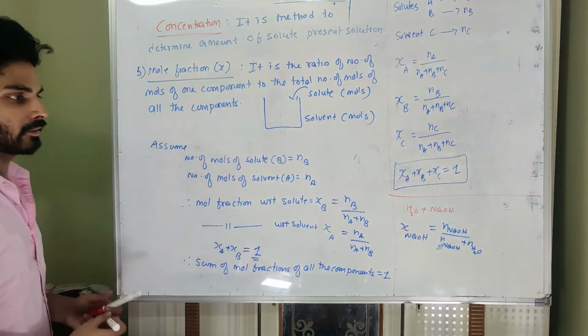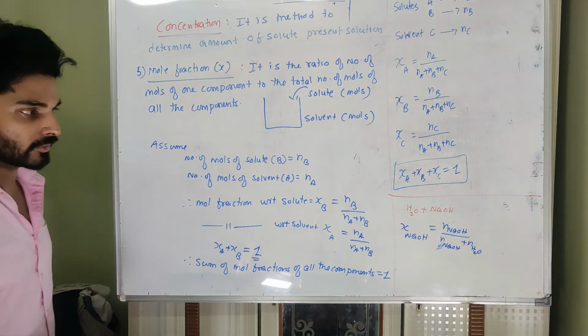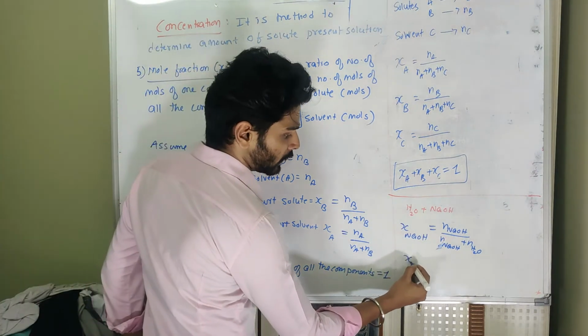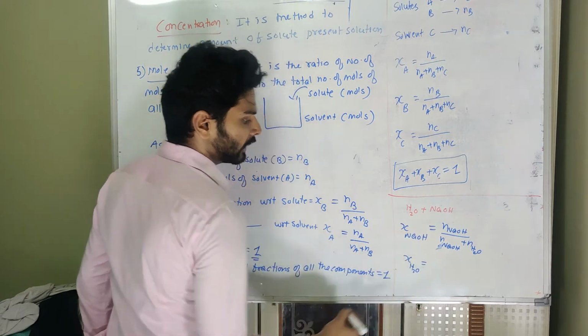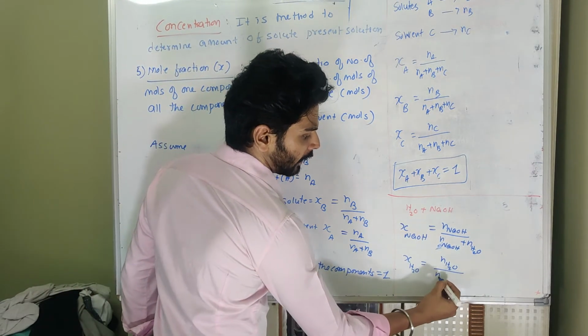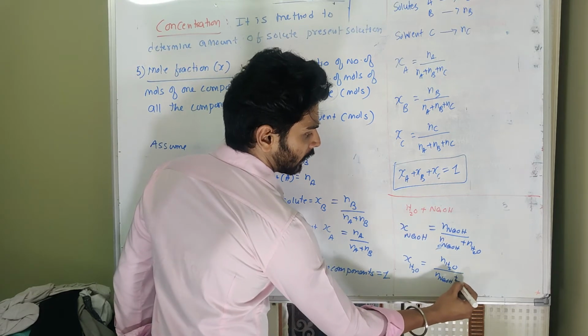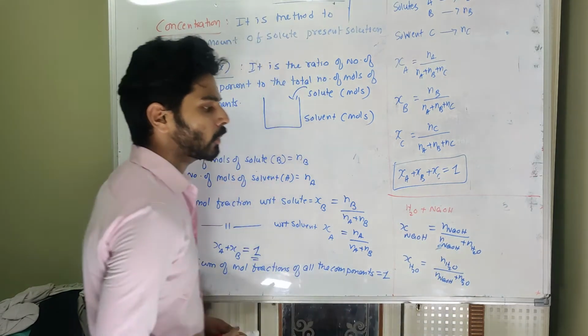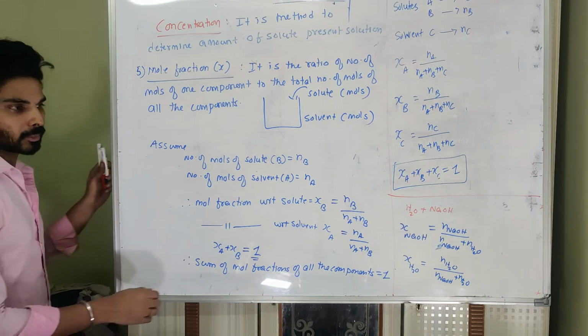This is how we can write the formula of mole fraction with respect to NaOH. If you want to write with respect to water, then XH2O is equal to NH2O divided by NaOH plus NH2O. This is how formula will be modified as per the question.